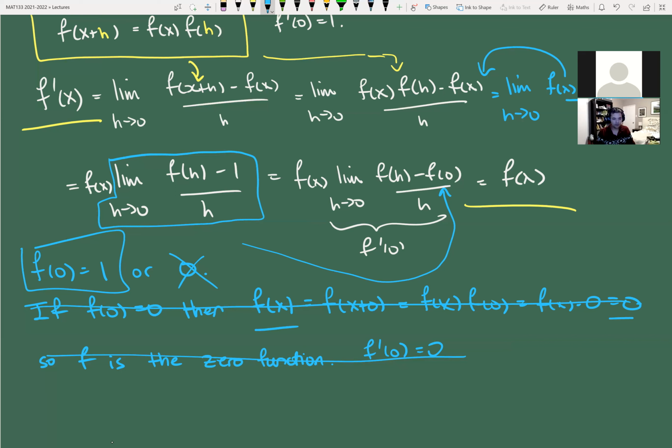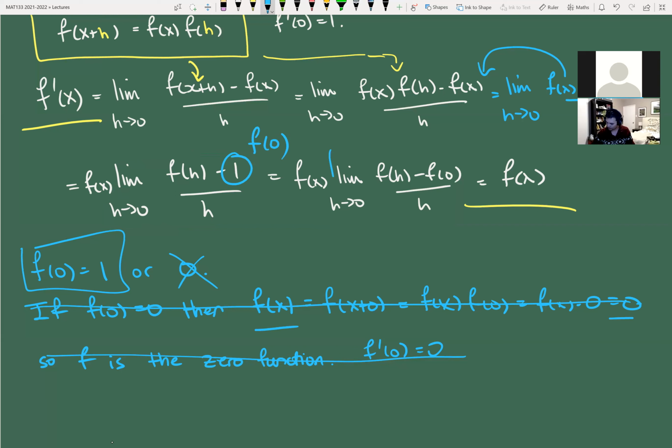How do we know f of h is f prime of 0? It's not that f of h is f prime, it's that 1 is f prime of 0. So this thing right here is f of 0, right? Then I put that into this thing. Are you asking how I know that's f prime of 0? What's the limit definition of f prime of 0?